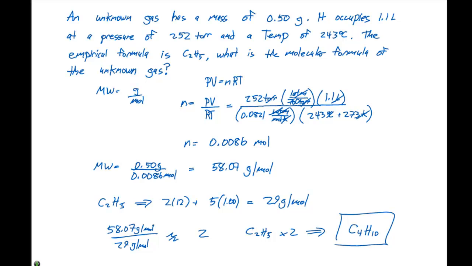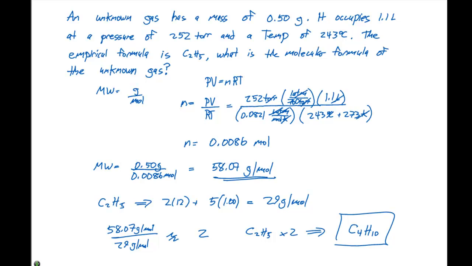So in this case, when we try to determine our molecular formula, we need to figure out what molecular weight we have. We can do that by using the ideal gas equation, getting the number of moles, and dividing the grams we're given by that number of moles to get the molecular weight of this unknown, which is 58.07 grams per mole.